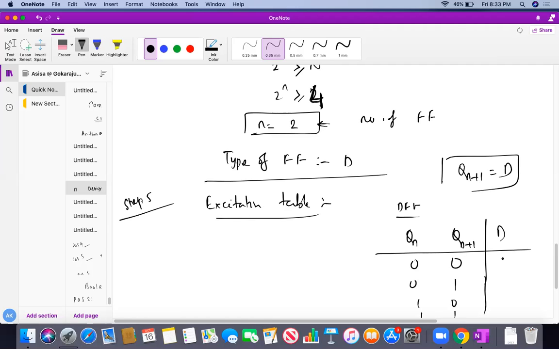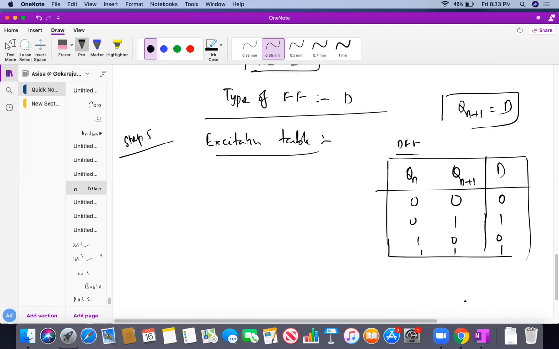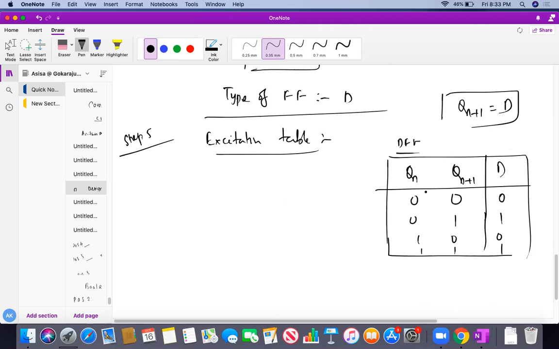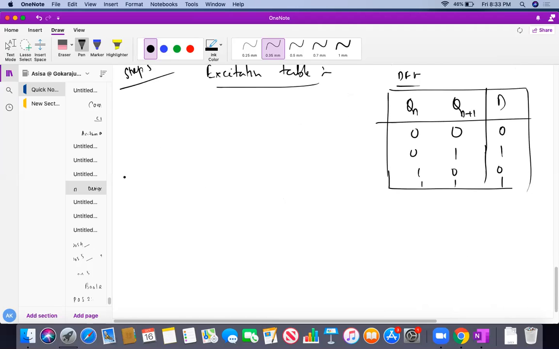Whatever my Qn plus 1 is, the same will be D. That's why I have taken D flip-flop. It's easy for me to remember the D flip-flop excitation table. Then you have to draw the excitation table of the sequential circuit, the given circuit. You have to find it out.